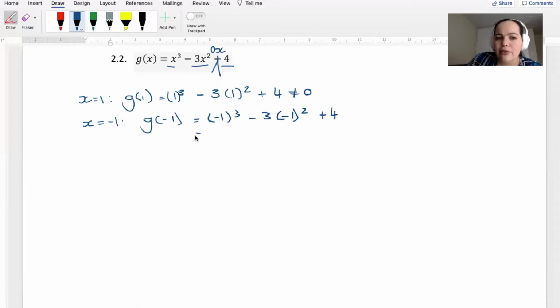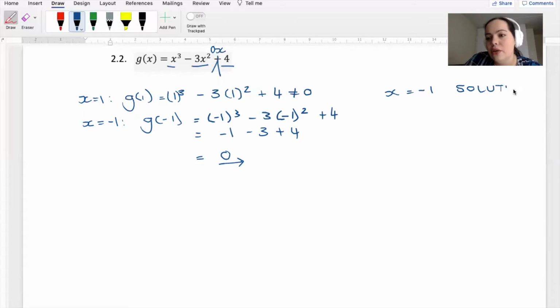And then we get minus 1 minus 3 plus 4, which, eureka, is 0. Once again, I'm just going to write it on the side here. This means that x equals minus 1 is a solution. You'll notice that I'm constantly reiterating this for a reason. That means that x plus 1 is our linear factor.